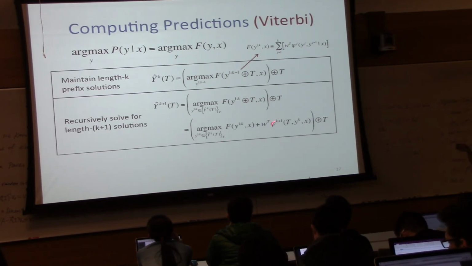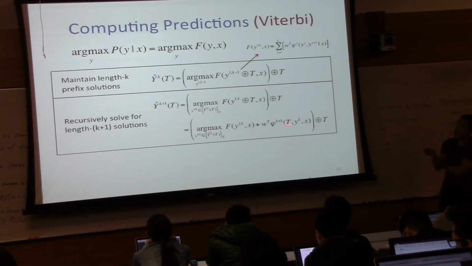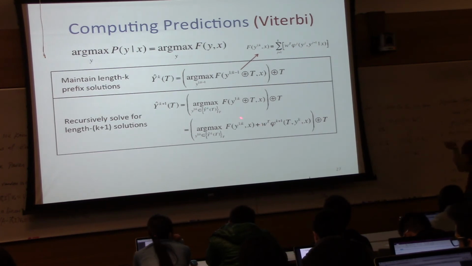This increase is just literally this term. You just add the model score for this feature induced by this feature vector, and that's it. So if you have the feature vector function implemented correctly, Viterbi is actually really easy, right? You just do this.